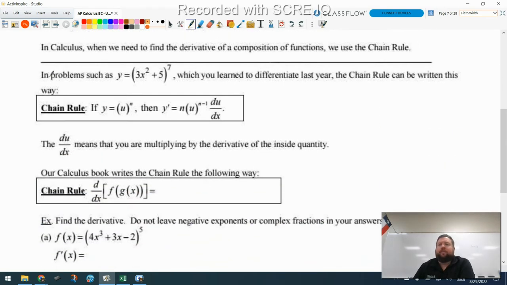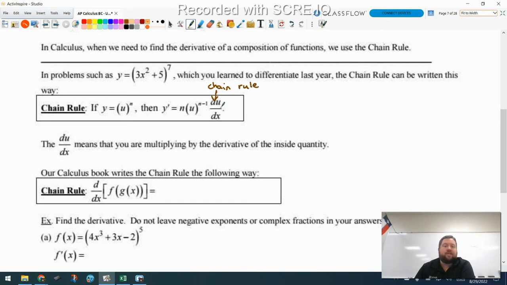Okay, so in these problems, we learned how to differentiate those in A, B. Okay, this is one way the chain rule could be written. I do not like this way in particular. You're applying the power rule, so you're multiplying by n. Then you have u to the n minus 1, and then this is the chain rule piece right here.